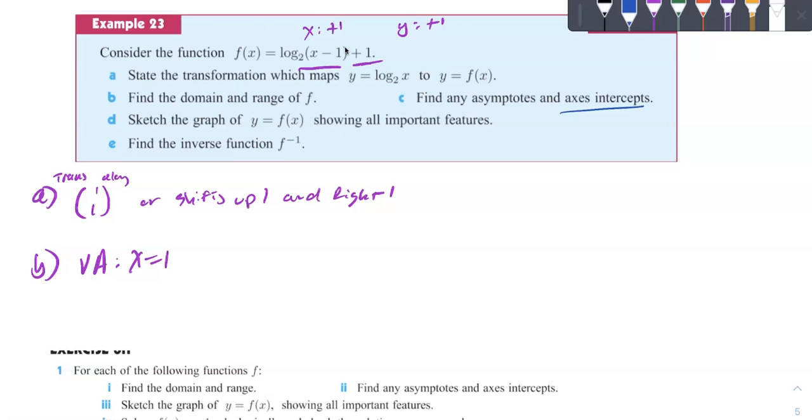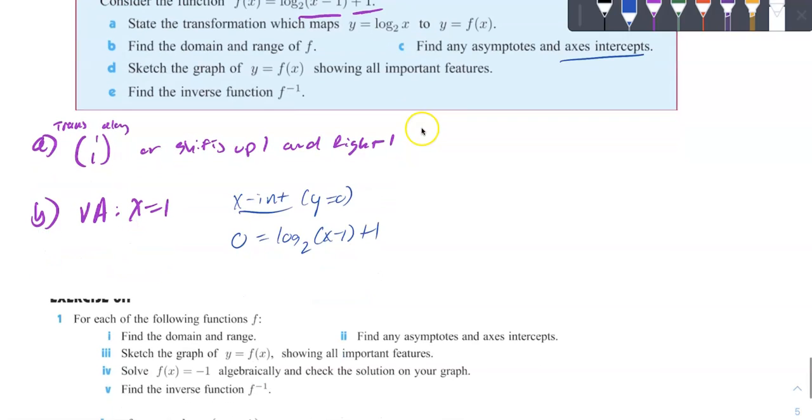If they want axis intercepts, we do those always the same. That thing never changes. You want the x-intercept, you set y equal to 0. So 0 equals log base 2 of x minus 1 plus 1. And all we have to do is solve that. So subtract 1. I get negative 1 equals log base 2 of x minus 1.